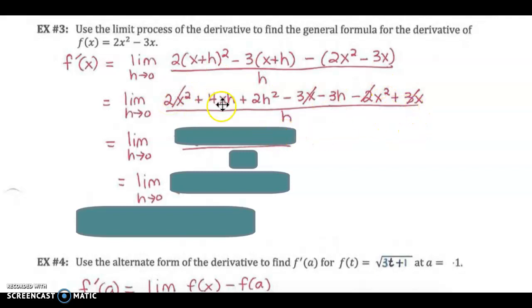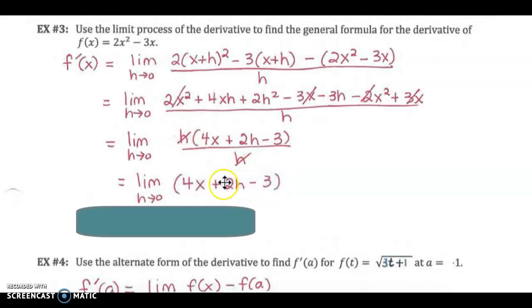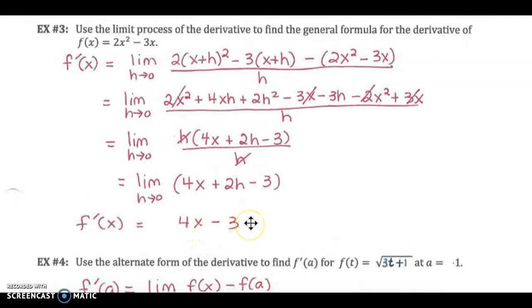And so that leaves us with 4xh plus 2h squared minus 3h all over h. So remember, this is where we start to factor out the h on the top. And that's what we're left with, all over h. So we can mark those out. And we're left with this, 4x plus 2h minus 3. And for that last step, that's when we plug in 0 for h, and we'll get 4x minus 3 is our either tangent line or derivative.